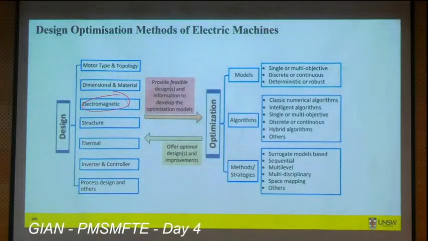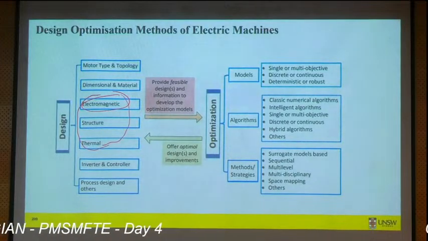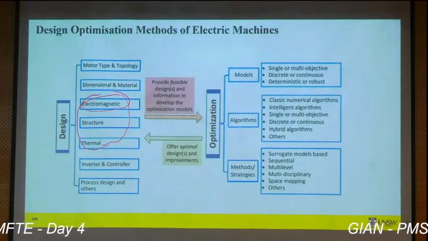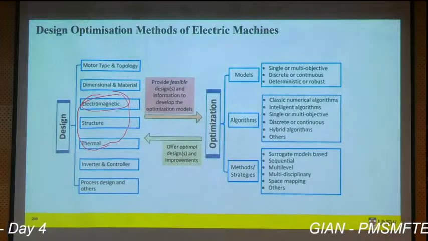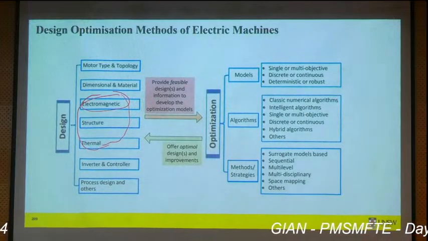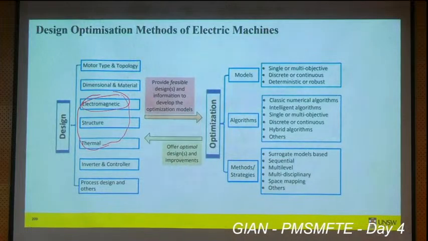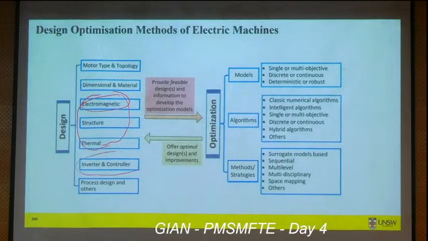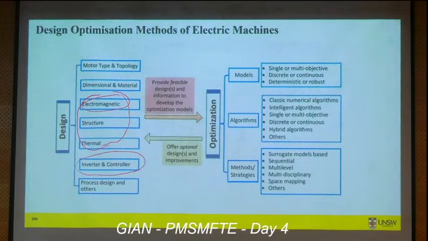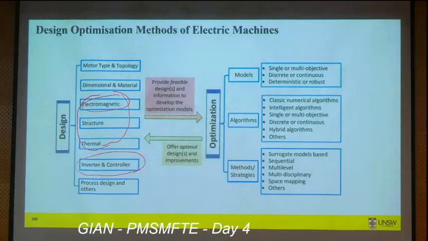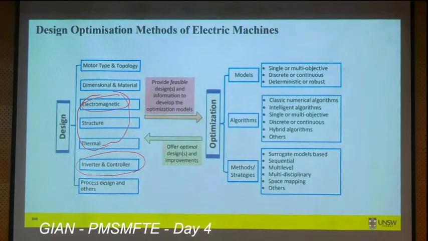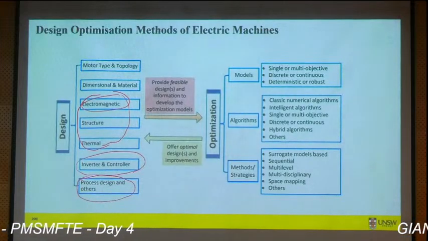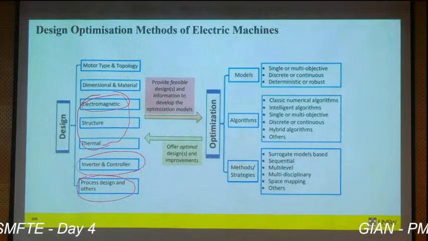Or we could consider all three together, electromagnetic, structure, and thermal in our optimization. If we want to make it even more complicated, we can in fact do it as a system level optimization, where we include in the optimization even the inverter and control, as part of that optimization process. Okay? Or the whole application would also be influencing that design optimization.